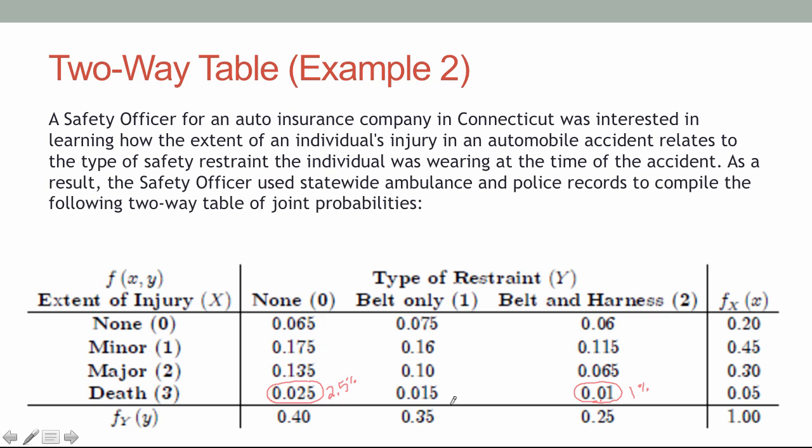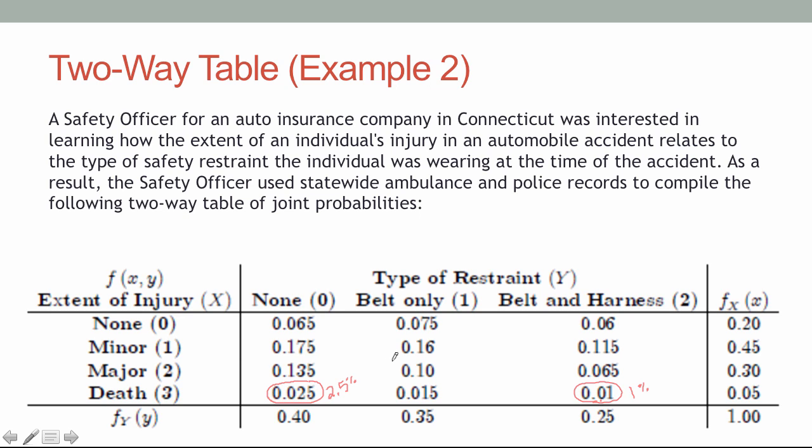So what you can see from here is looking at the total population, you're more than twice as likely to die if you're not wearing your seatbelt than if you are wearing your seatbelt, at least in terms of the numbers and all the statistics that were shown here.